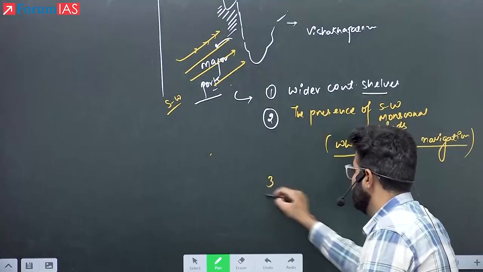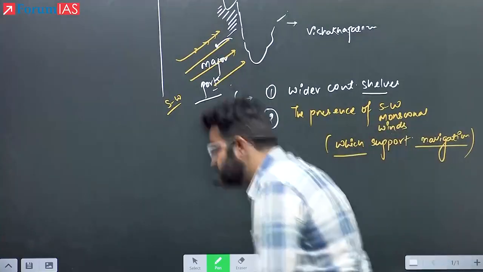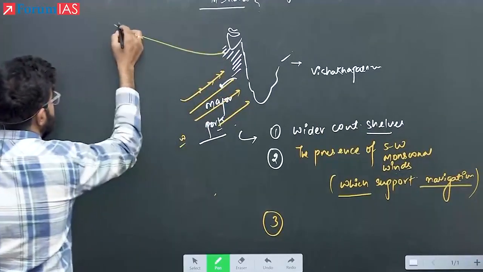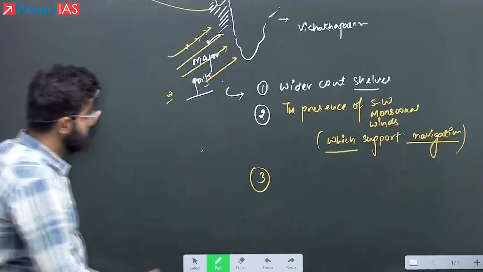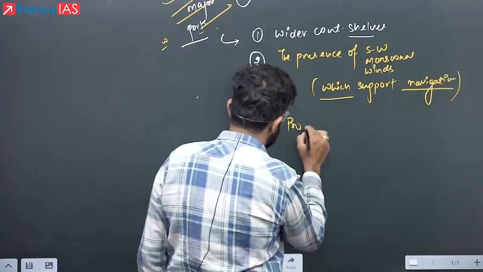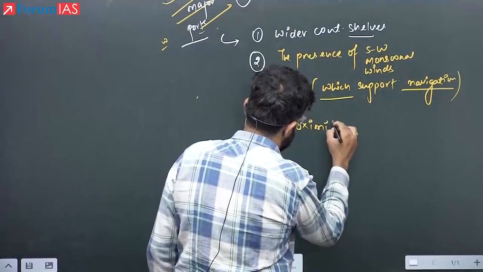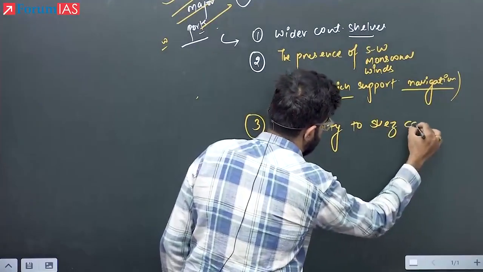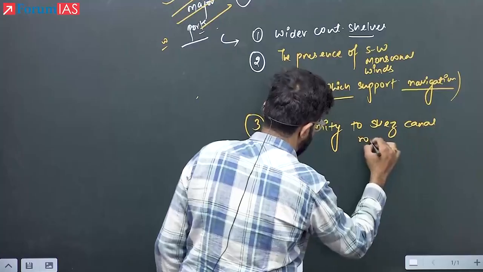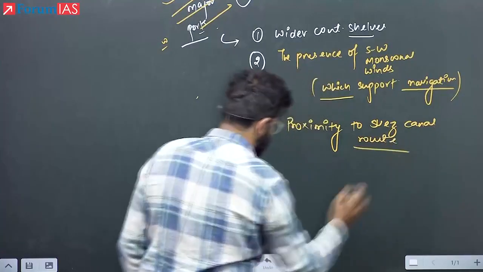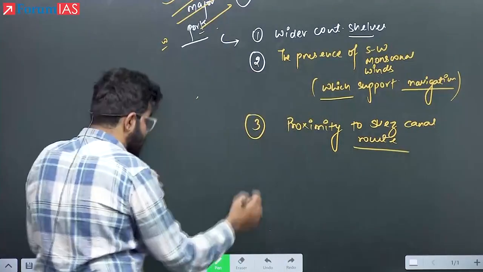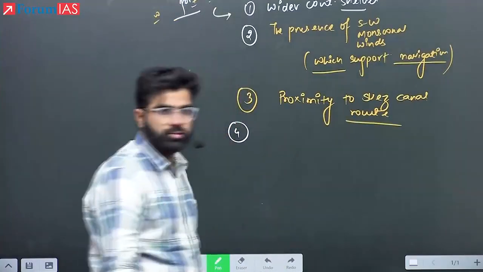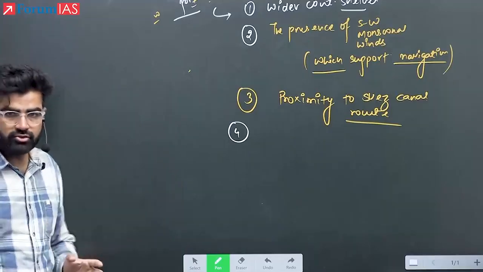Third, where is the Suez Canal? The Suez Canal is located here, somewhere here. So write down the third factor, proximity to the Suez Canal route. Fourth, can I say the fourth would be India's dependence on West Asia for petroleum resources?